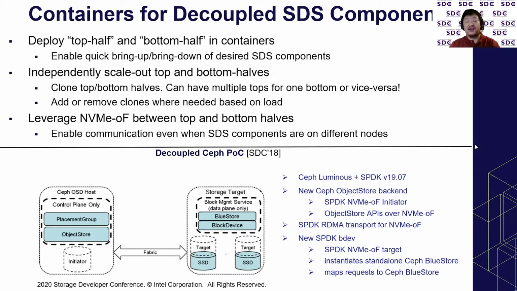And on the right side, the bottom half is responsible for actually persisting the data to the storage devices. There are some more details of our implementation, but this is just a revisit, so I'll leave it to the audience. If you have more questions, we can follow up later on that part.